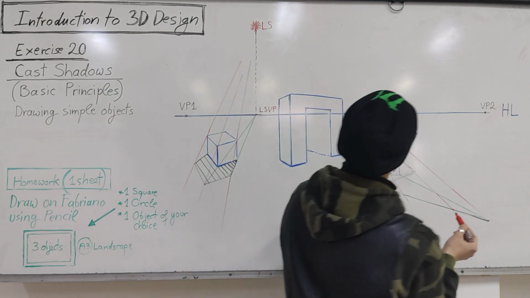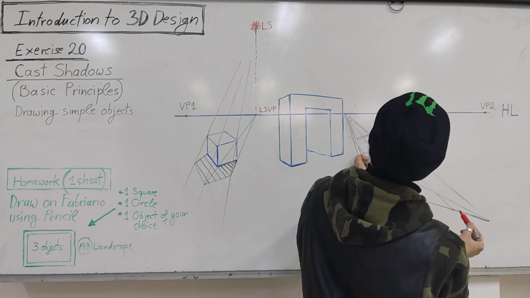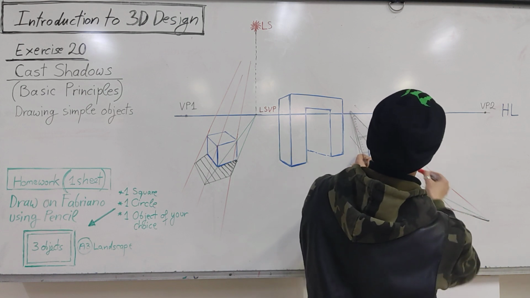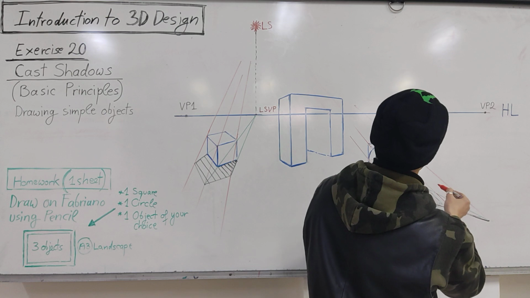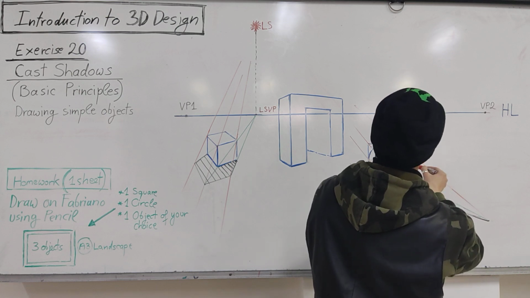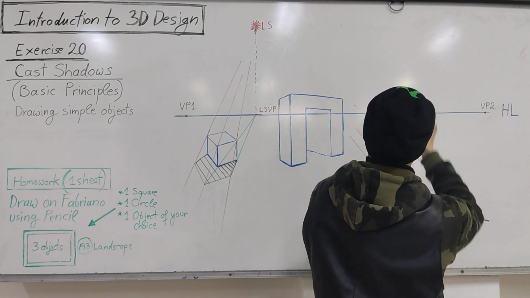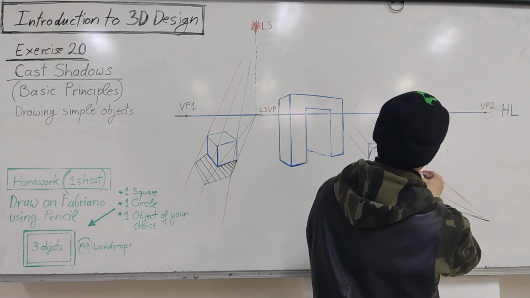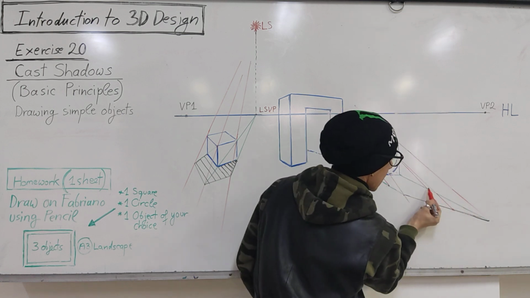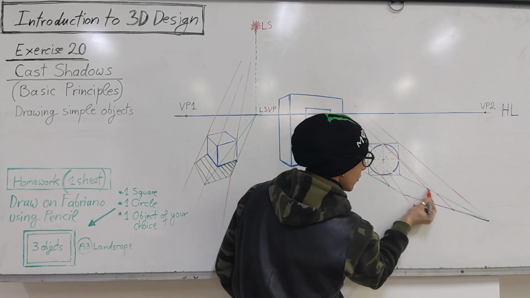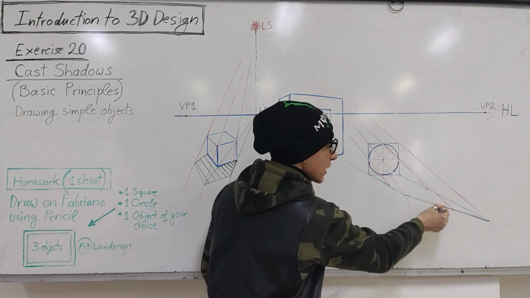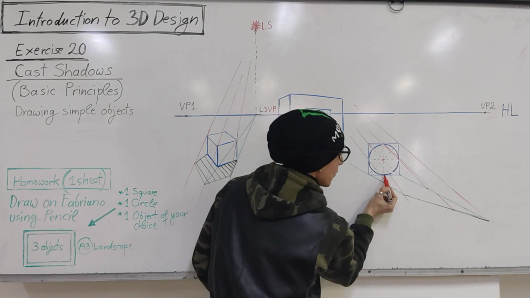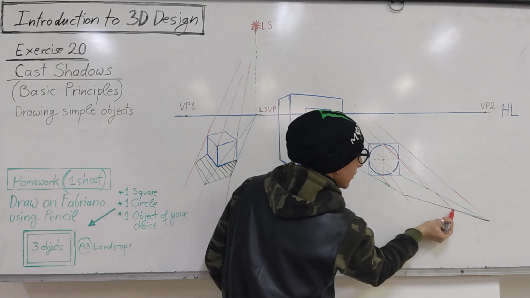Through the light source. When it touches this line, this is the point. So we have this point, this point, this point. Now we can connect, okay? Now we have all of the 4 points of the circle.